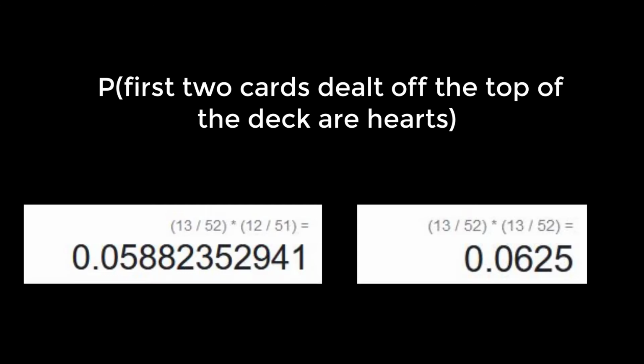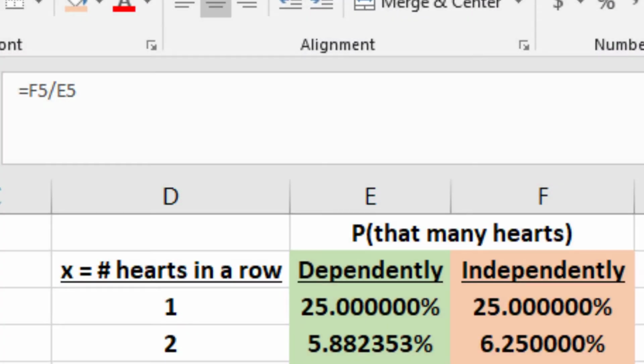And some of you might be looking at these 2 numbers going, wait a minute, are they really that different? Well, the answer, like so many things in life, is it depends. For example, I've made this little Excel spreadsheet to kind of model what happens as we keep drawing cards off the deck. What happens if you treat the probabilities of successive hearts in a row dependently or independently?